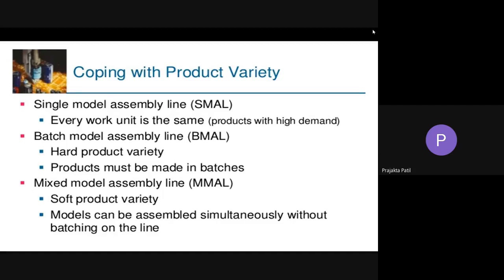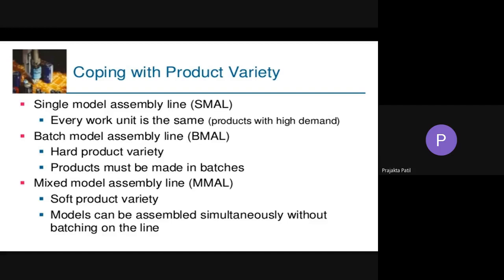So while one station is working on one model, the next station will be processing a different model. Each station is equipped to perform the variety of tasks needed to produce any model that is going to move through it. So here the workstations are going to be equipped with all possible tools that will be required and which can accommodate all the changes that need to be achieved on this mixed model line.